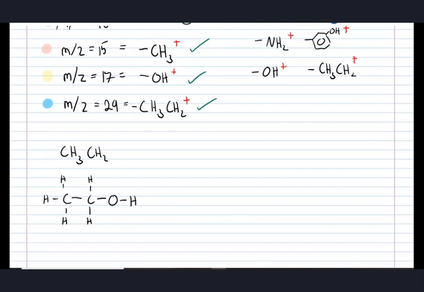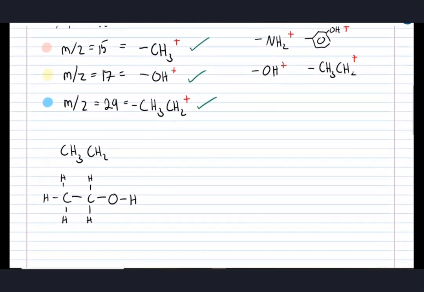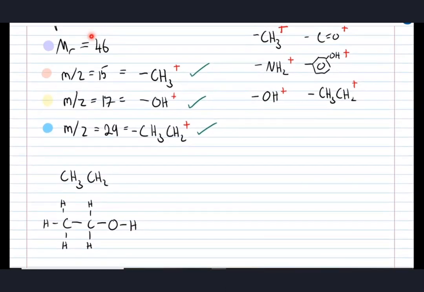Let's very quickly count this up and see if this agrees with our Mr of 46. So we've got 1, 2, 3 hydrogens, that's 3, plus 12 for a carbon is 15, 12 for another carbon is 27, 2 on the hydrogens is 29, plus 16 takes us to 45, and plus 1 takes us to 46, which agrees with our molecular ion peak.